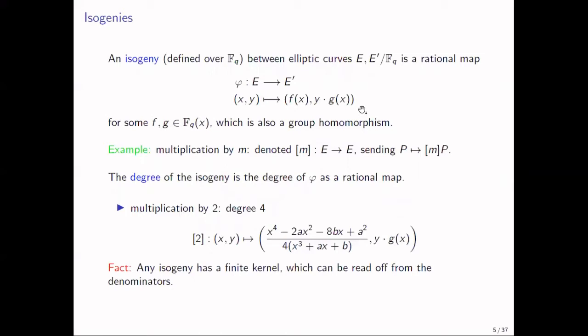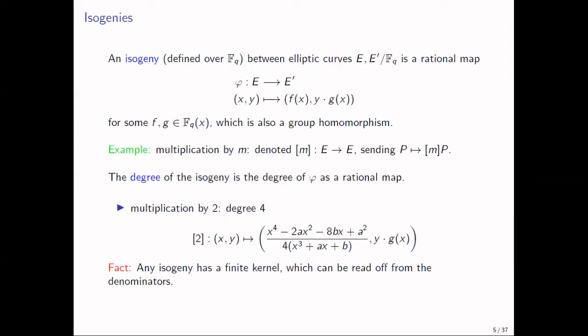We will assume that the rational maps always have a very simple form: a point with coordinates x and y maps to some function of x for the x coordinate, and the new y coordinate is just the old y coordinate times some function of x. We don't lose any generality, but it really simplifies the notation. An example of an isogeny is of course the multiplication by m map.